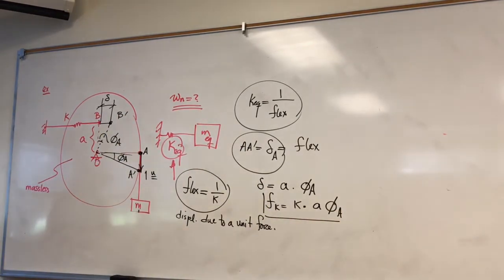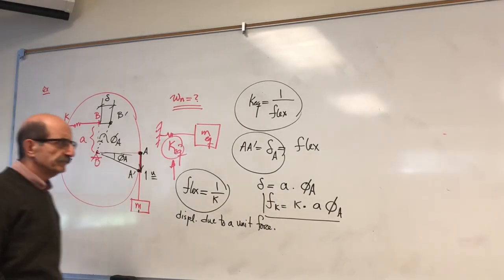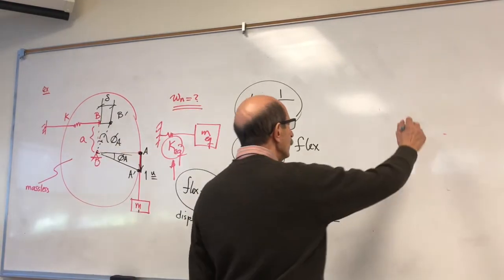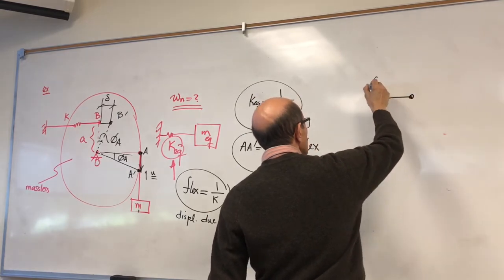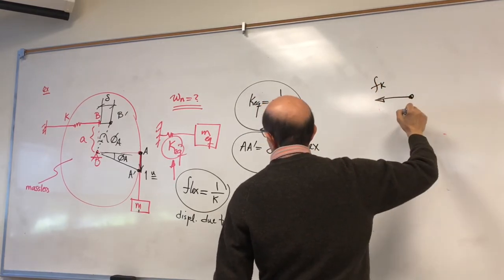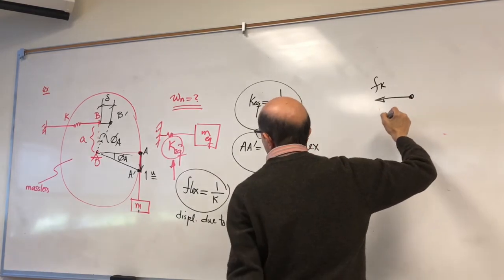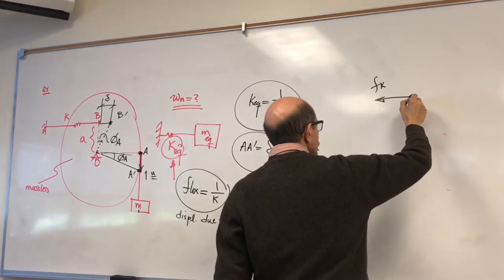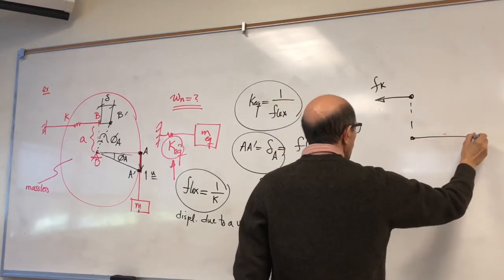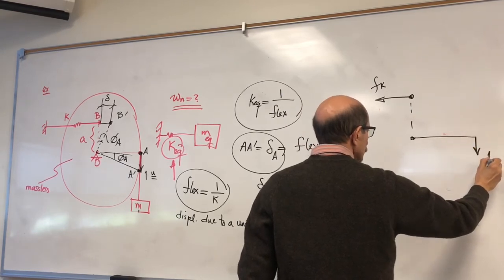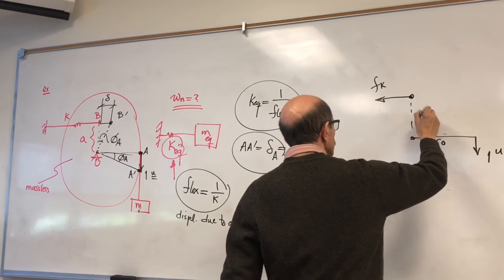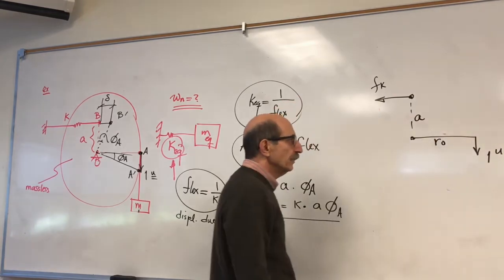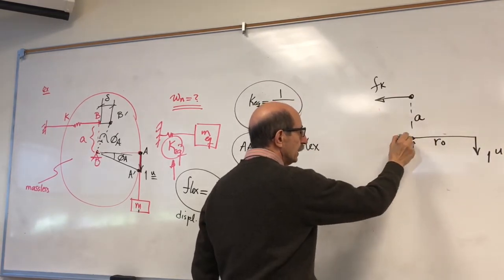But now let's look at the free body diagram here. Free body diagram is a good thing. Don't forget the power of free body diagram. What do you have here? It's a massless disk, so that's useless, right? So all I have is this force, one unit force, and this is R0, this is at A. And then I have these two little guys here.